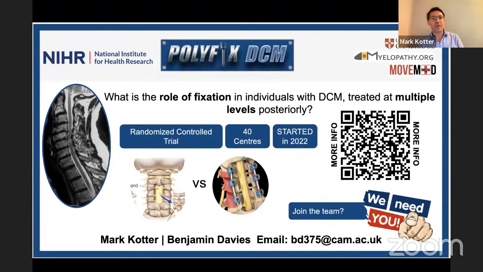And really, what we have initiated this year is our Polyfix trial, which is a randomized controlled trial where we randomize patients either to laminectomy or laminectomy and fusion. Follow-up is centralized and via telephone.